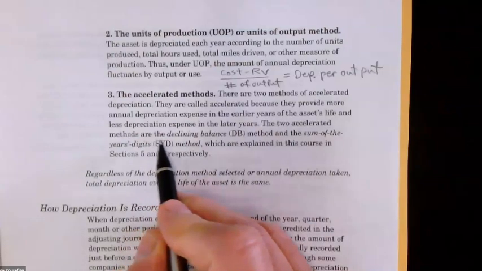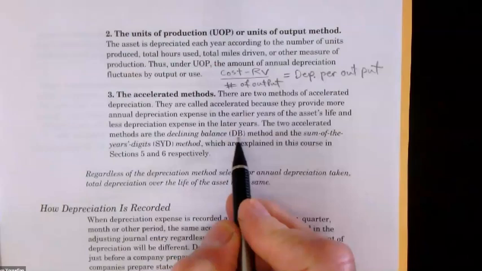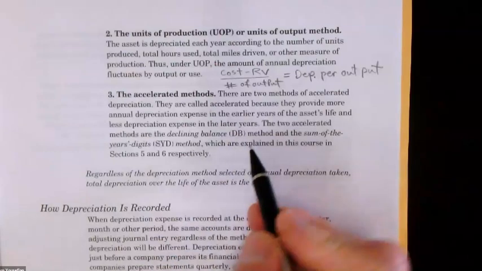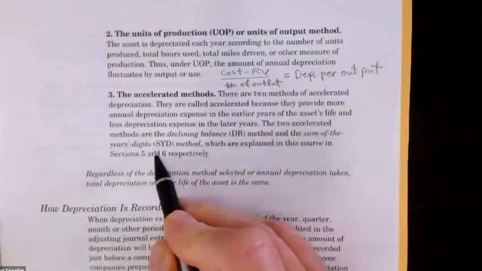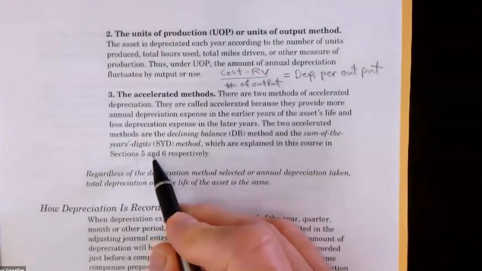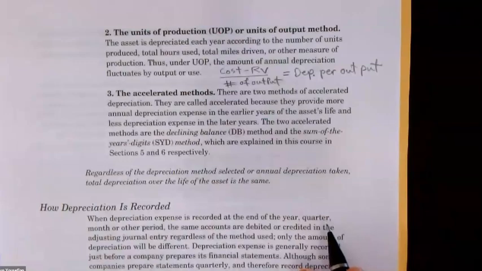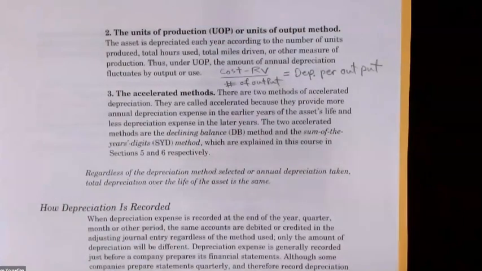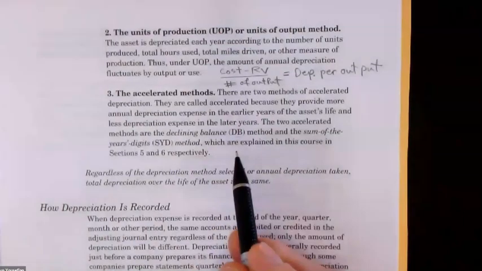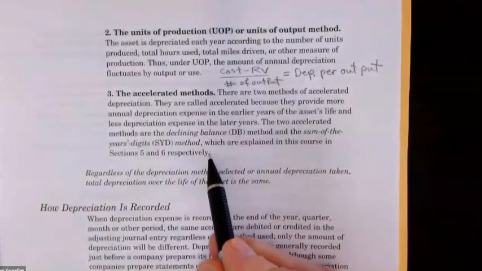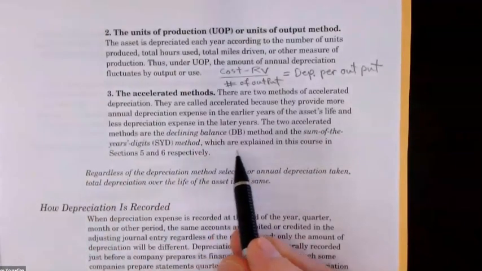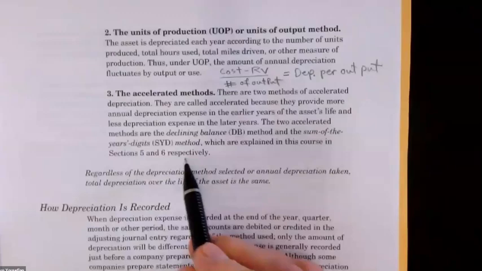The two accelerated methods are declining balance, like double declining, and the sum of the years digit. Sum of the years digit is not that popular, but that's what it is. For GAAP purposes, those are all GAAP, which are explained in the course in sections 5 and 6 separately.